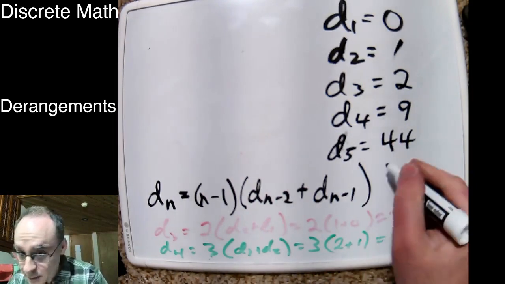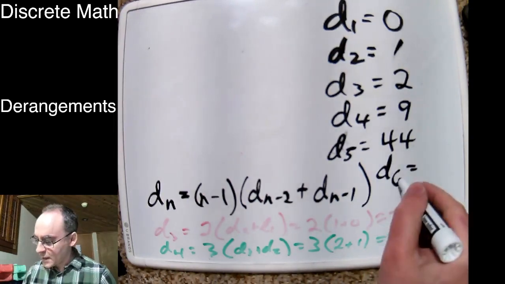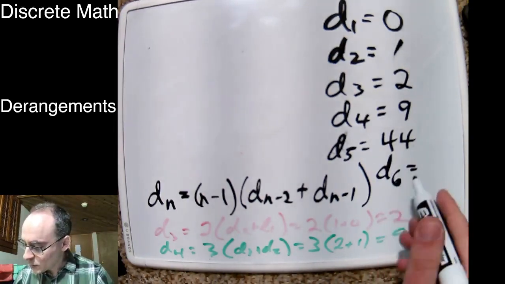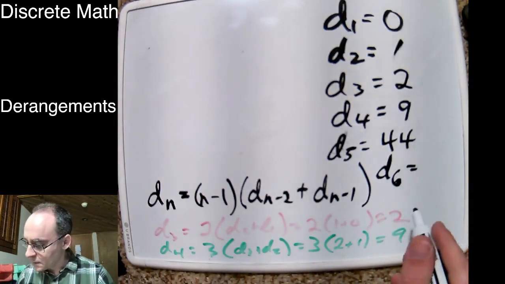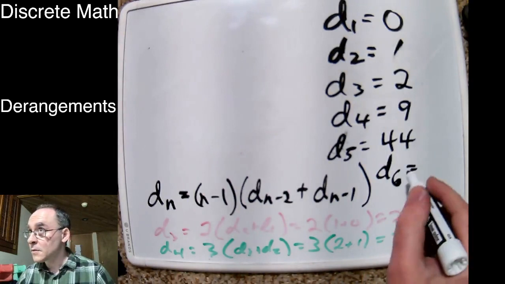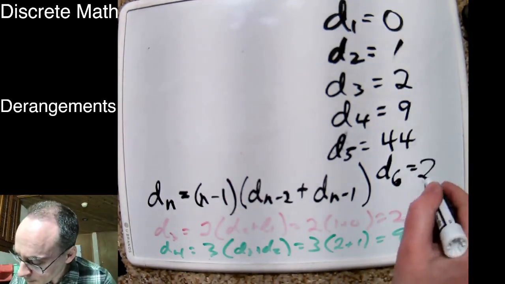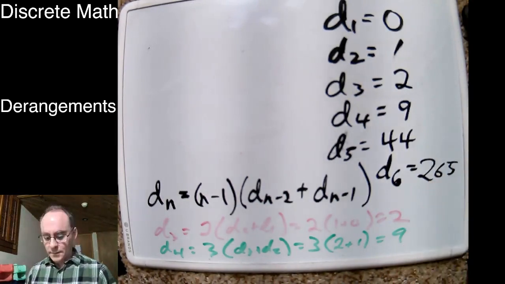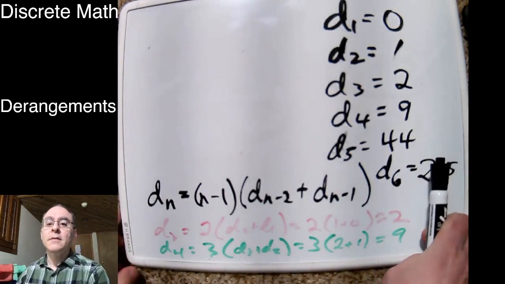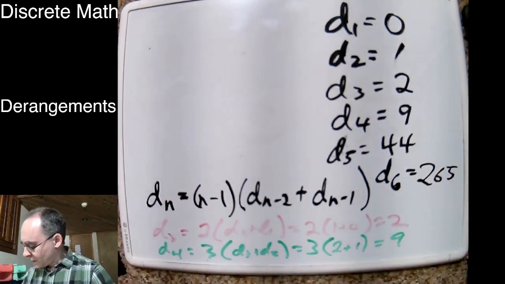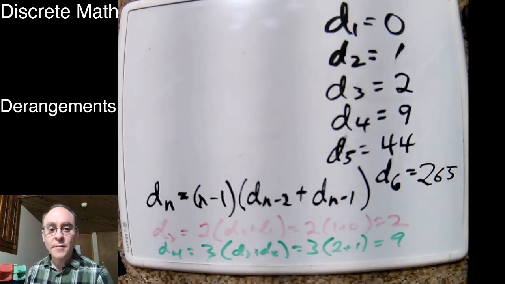I'll squeeze it in over here. That's going to be 5 times the previous 2 added together. 44 plus 9 is 53, and so 5 times 53 is, let's see, 265, right? And so on. So that's a sequence we could define as the number of derangements.